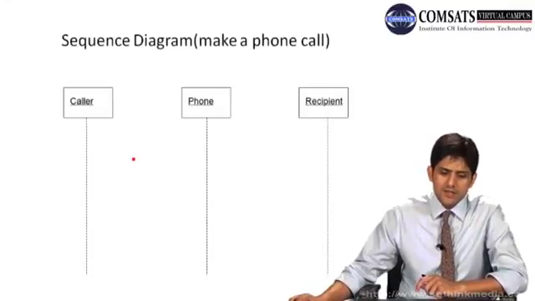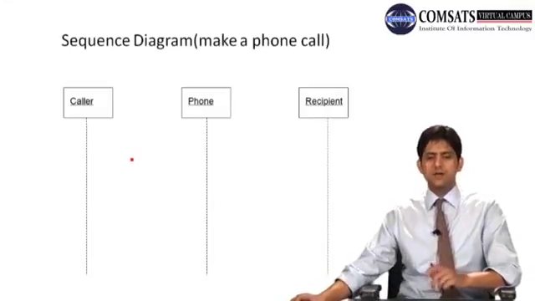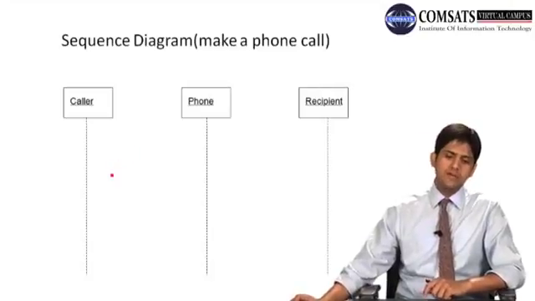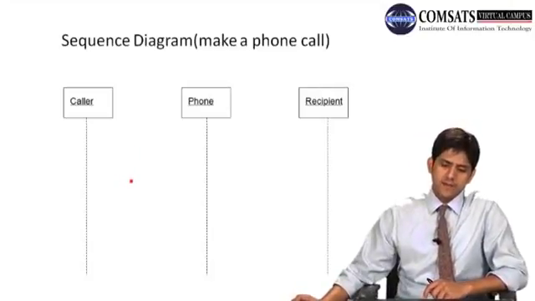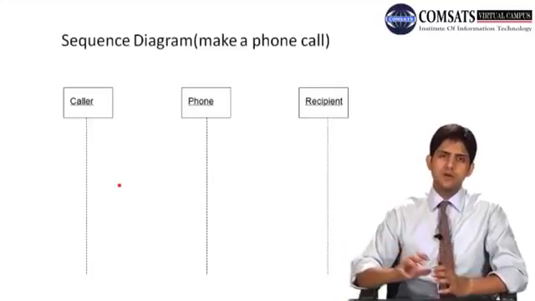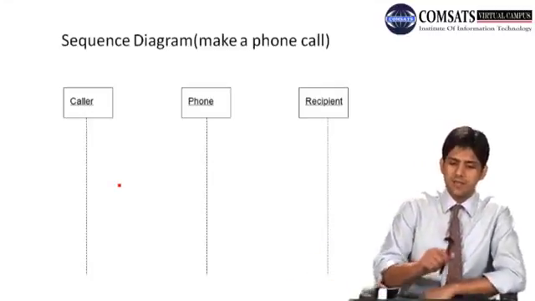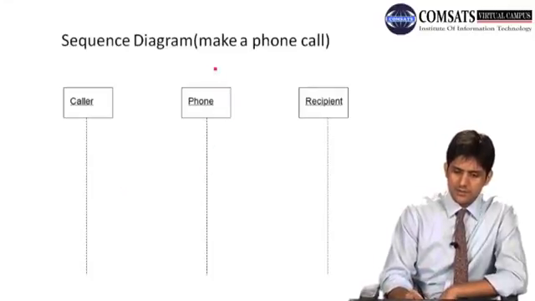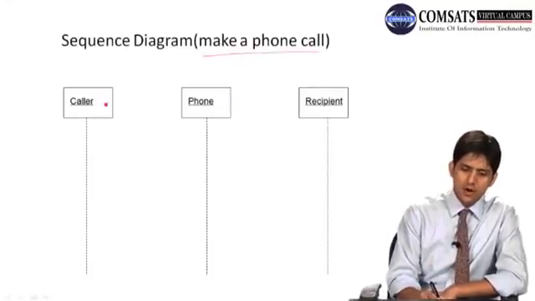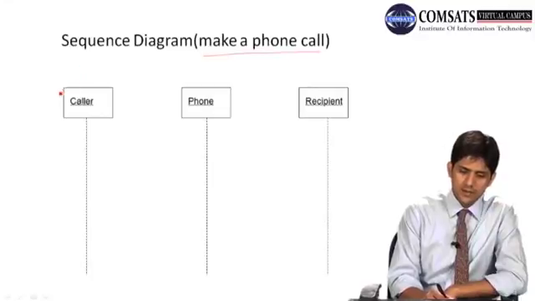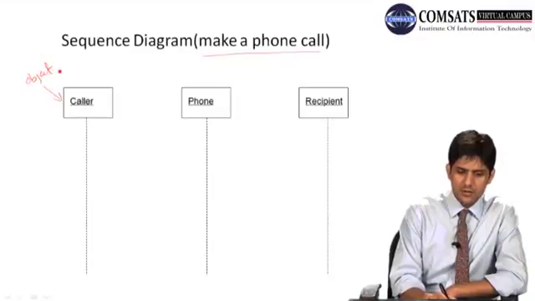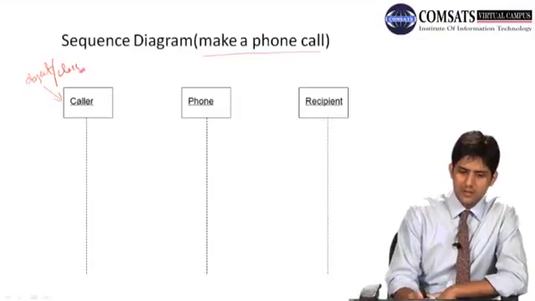Okay. Now this is a very simple system sequence diagram example where we have a caller, and the scenario that we are trying to draw in this particular diagram is making a phone call. These are the objects that are involved. We have this particular object, or let's say class.